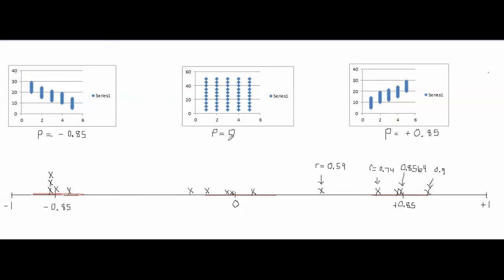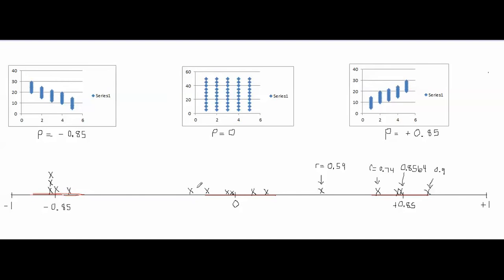Let's imagine that instead of just taking 5 samples of 10 people from this population with no correlation, we kept on taking many, many different samples of 10 people from this population with no correlation. If we kept on randomly selecting more and more samples of 10 people from this population, we would continue to get samples with correlations near 0. And the sample correlation coefficients would start to pile up like this.